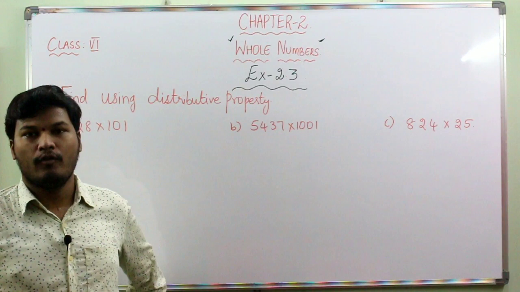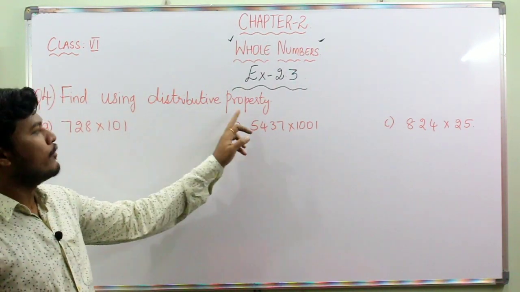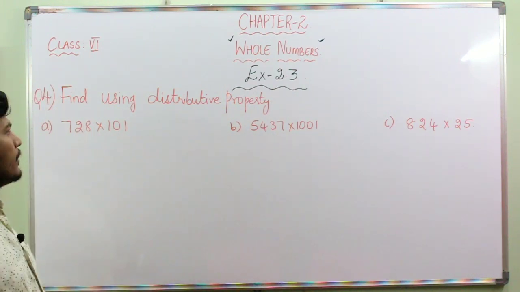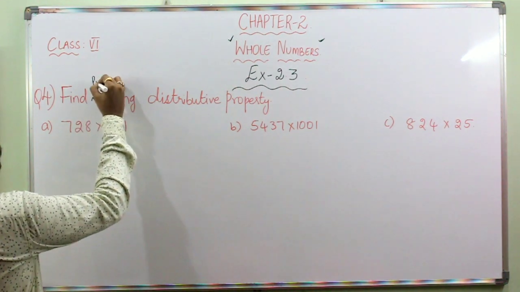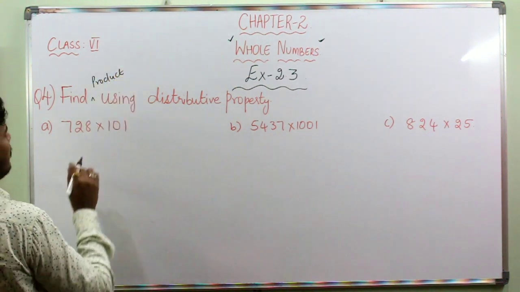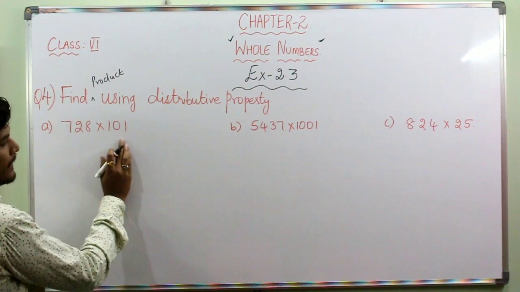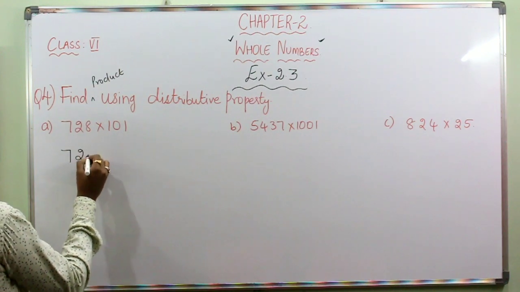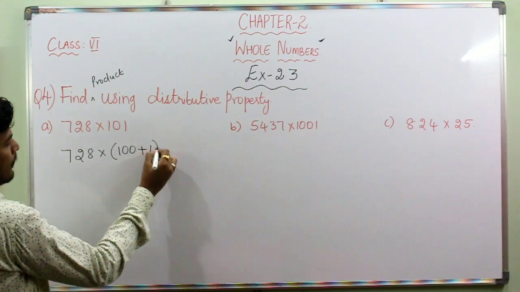Now question number 4, that is find the product using distributive property. The first one is 728 into 101. So what I am doing is I am distributing this 101 as 100 plus 1.